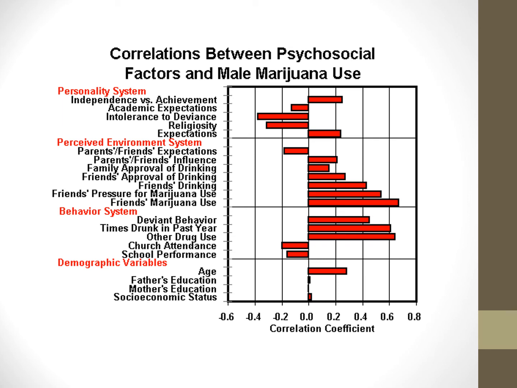If friends pressure someone to use marijuana, if friends use marijuana, and I think individuals' deviant behavior, alcohol consumption, and other drug use, all those have a positive correlation. As those go up, so does male marijuana use, or as those go down, male marijuana use declines. And those are socially significant correlations.